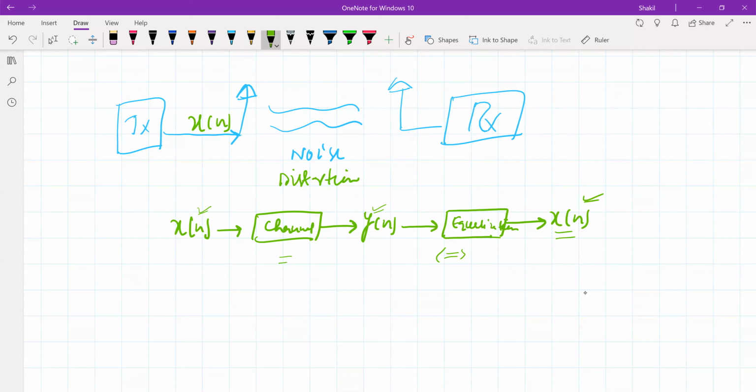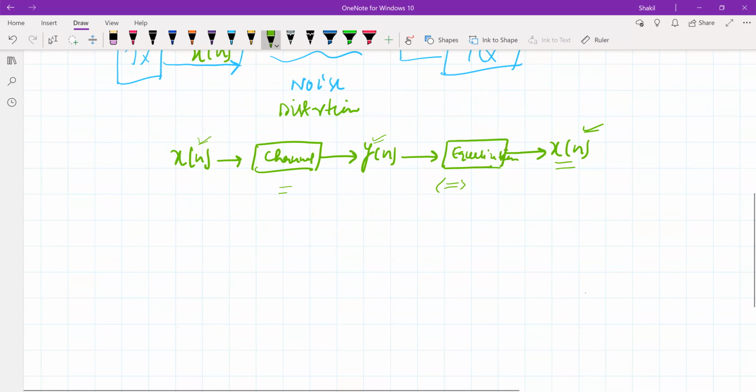So whatever operation is performed by the channel must be invertible; only then can we do this. We either design filters, or we use equalization in digital communication, which reduces the distortion introduced by the channel, and we get the transmitted signal back. So the invertibility property is very important in communication systems.